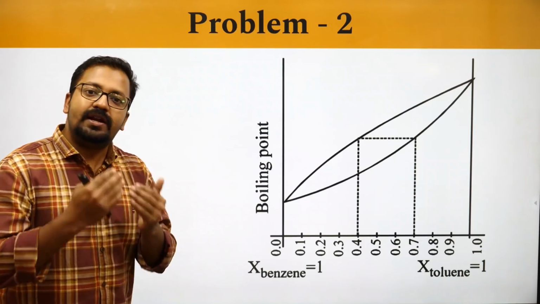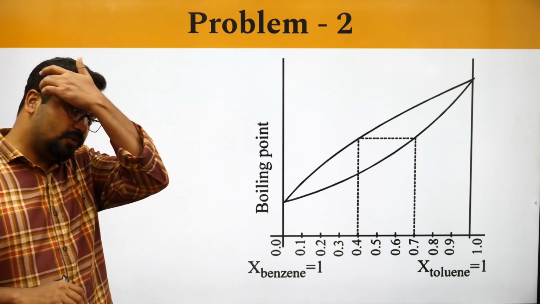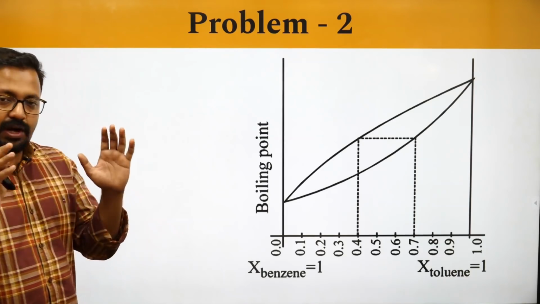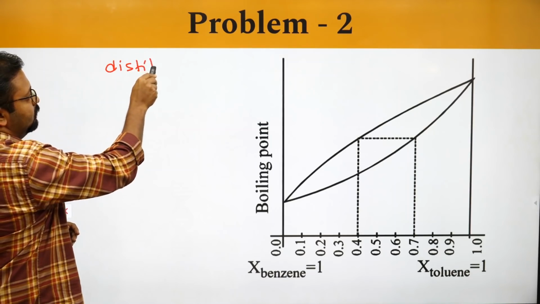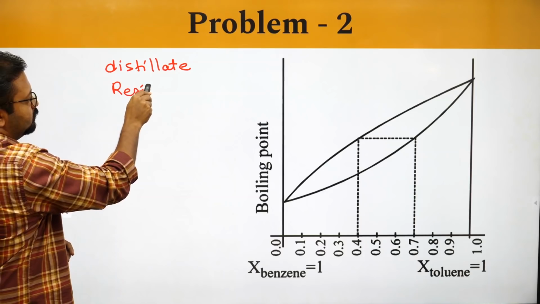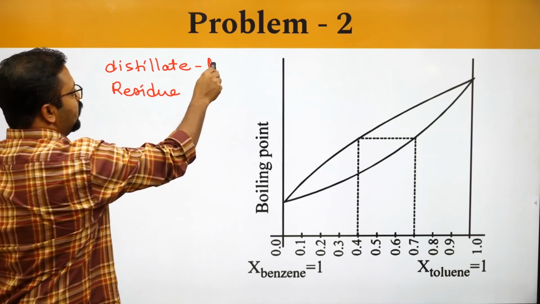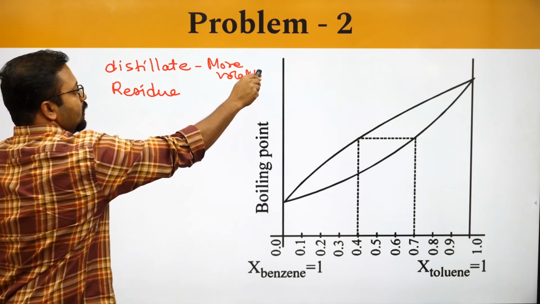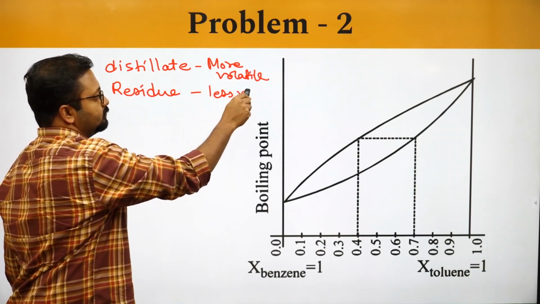So जो ज़्यादा volatile substance रहता है वो जल्दी बाहर escape कर जाएगा. And so there are two fractions obtained. One is known as distillate and one is known as the residue. Okay, distillate will always be more volatile component and residue will be always less volatile one.